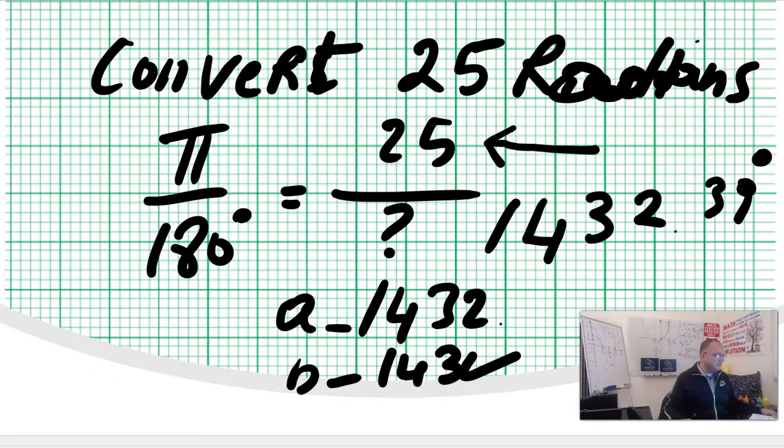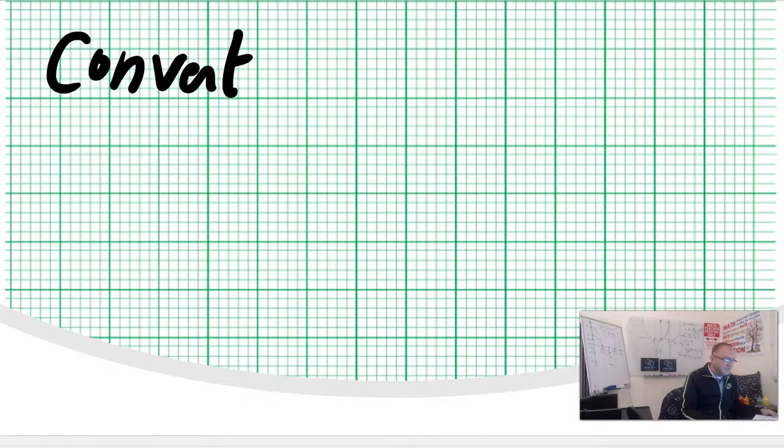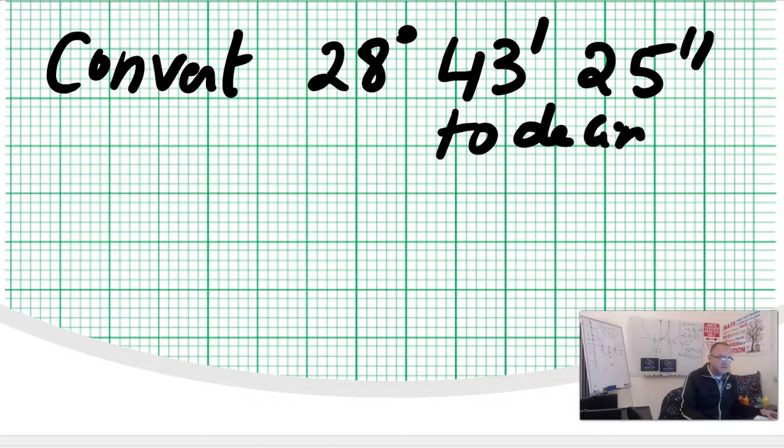Now, let's talk about the clock, the famous clock. In many SATs and ACTs, and in many pre-calculus college tests or scientific faculties' tests, they give you something like this: convert 28 degrees, 43 minutes, 25 seconds to decimal.